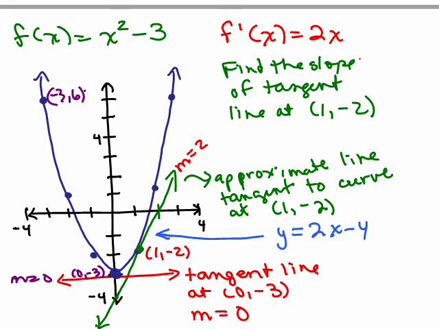That looks pretty steep, and it also looks like a negative slope. If you plug in negative 3 for x, you're going to get a slope of negative 6. So this tangent line, wherever it is, it's going to be very steep, hard to even see it, has a slope of negative 6. And that's all about the interesting part of finding the derivative.